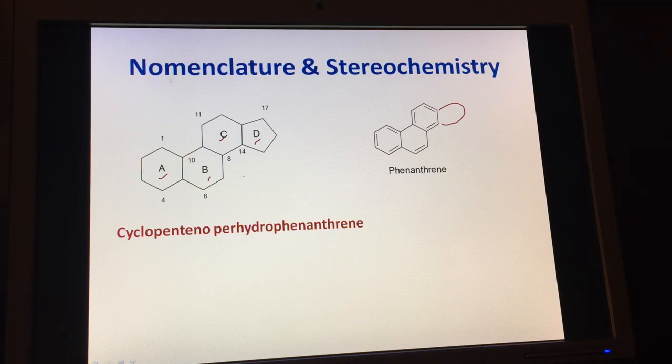So this was about the molecules that we call steroids. All those molecules that have this sterane ring in their structures are steroids. Chemically it is a cyclopenteno perhydrophenanthrene ring system.